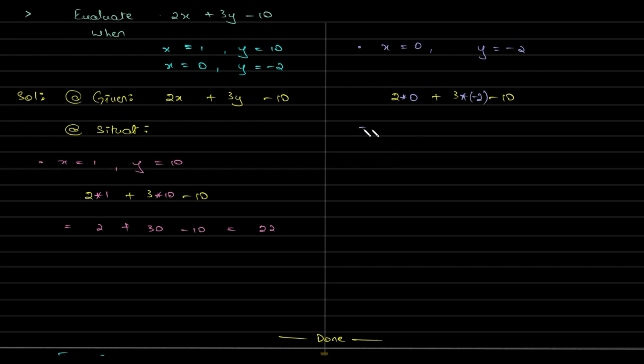As per BODMAS, we have to multiply, because there is no bracket, no operation, no division. So next is multiplication. I'll go from left to right. This is 0, and this is -6, -10. Addition is there, yes. Both are of the same sign, so we are adding, and this is -16. Addition done. Subtraction is not there, so we are done.